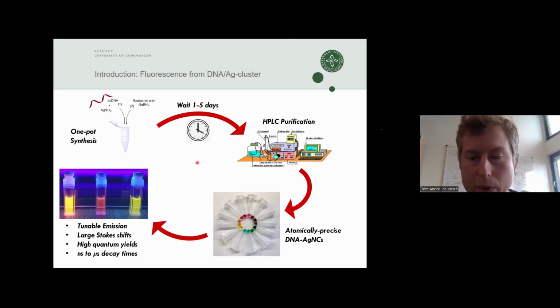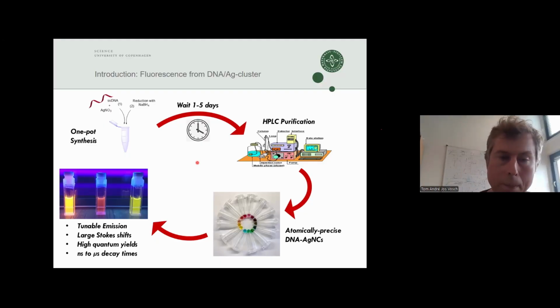So then we end up with atomically precise DNA-stabilized silver nanoclusters. And this is quite important because that allows us to get the intrinsic properties of these emitters. If you don't do the purification, you just end up with a soup, and the values you get out are not so representative for the individual cluster.